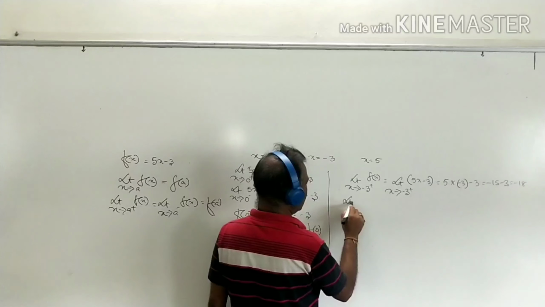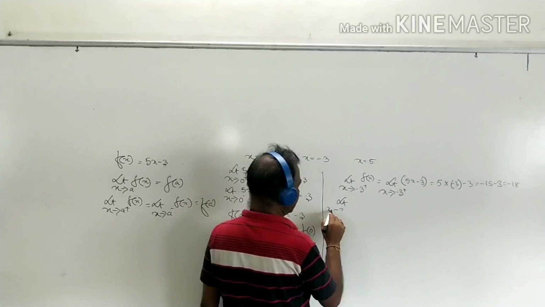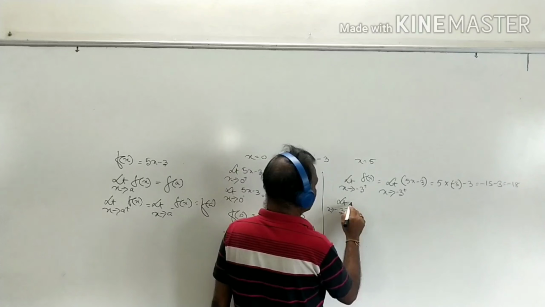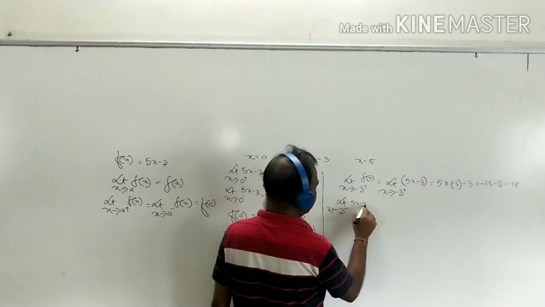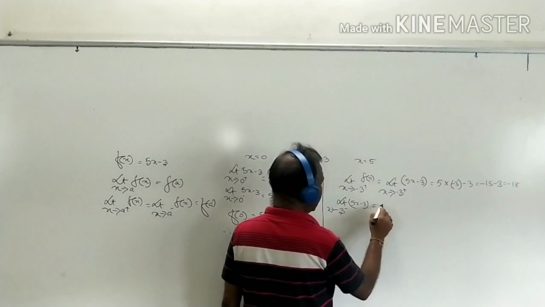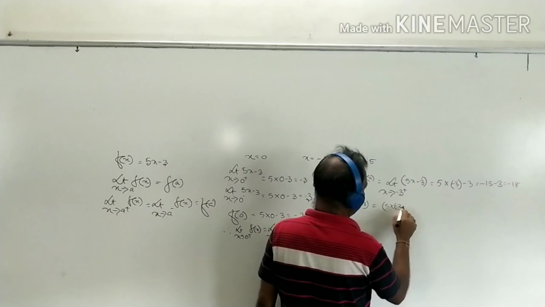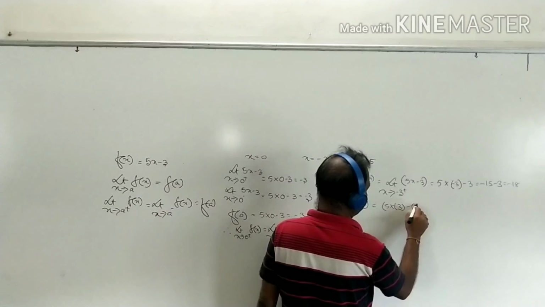Similarly, x tends to minus 3 minus, what will be the function? The function will be the same, f(x). So it will be 5 into minus 3 minus 3.